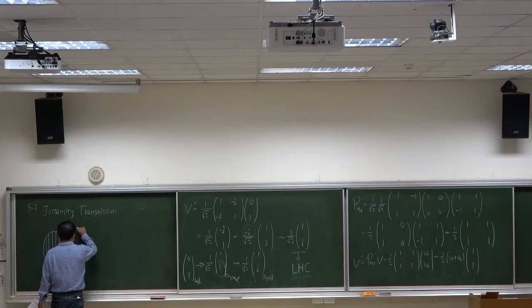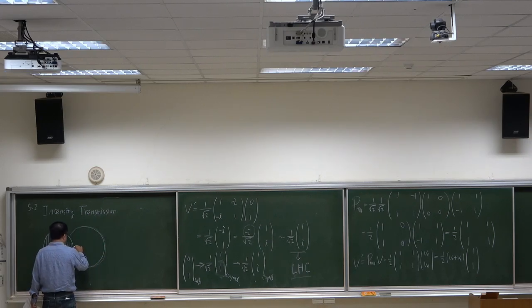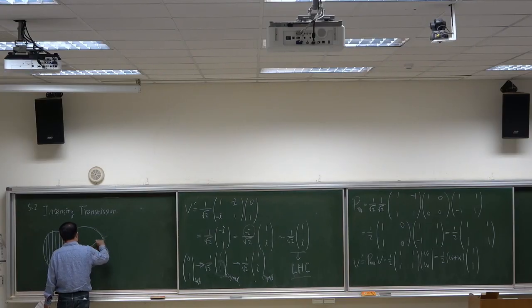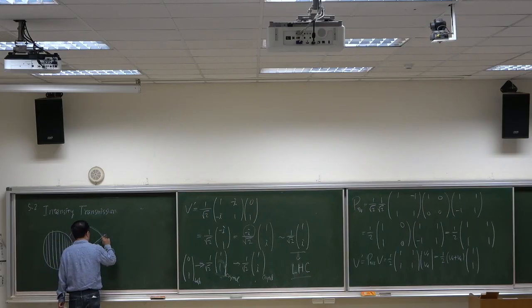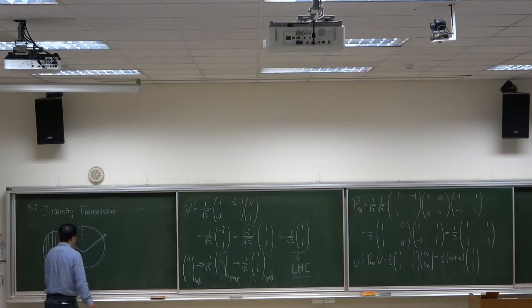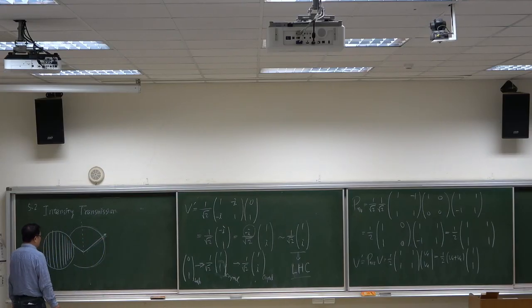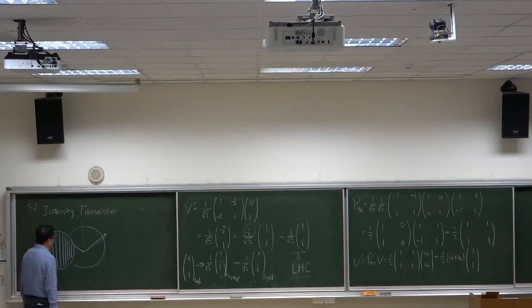Then we consider a wave plate whose two axes, slow axis and fast axis, make 45 degrees angle with respect to the x-axis.